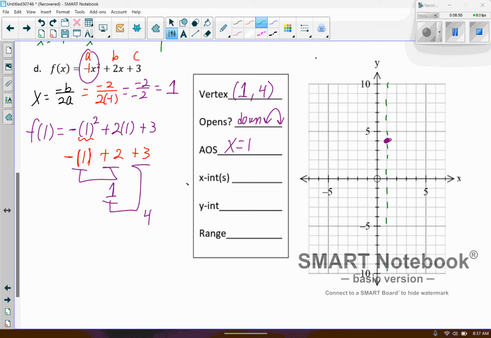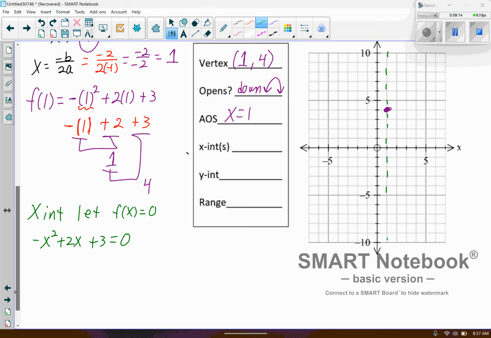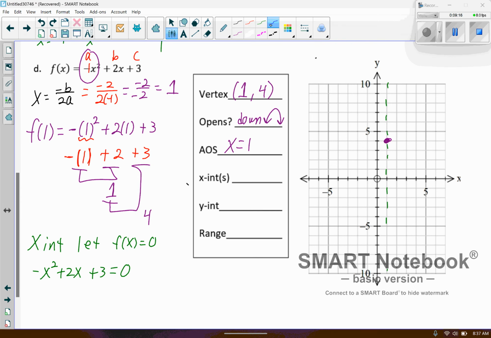And then for my x-intercepts, we're going to let f of x equal 0. So we set negative x squared plus 2x plus 3 equals 0. We had a problem like this yesterday, and you can factor it in its current form, but I would not recommend it.